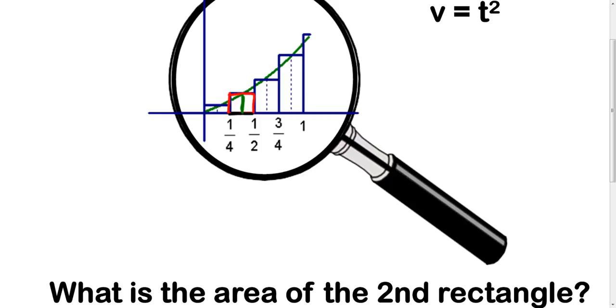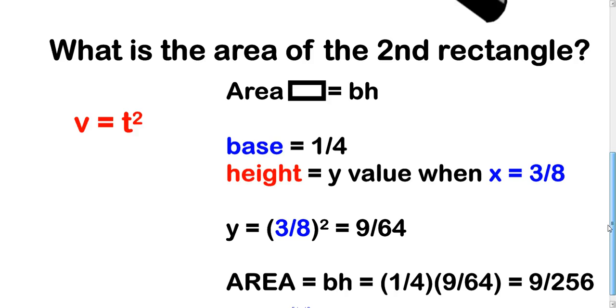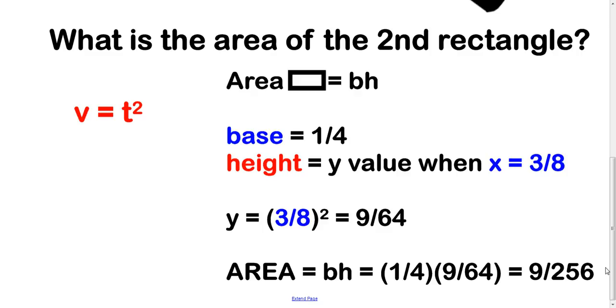If you don't know what that midpoint is, it's 3/8. If I plug an x value of 3/8 into my function, that's 3/8 squared. So your base is 1/4, your height is 3/8 squared, and you get 9/64.